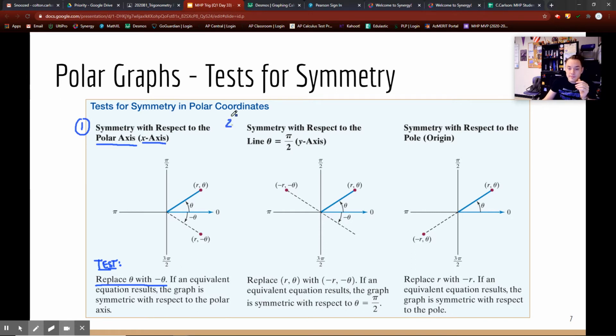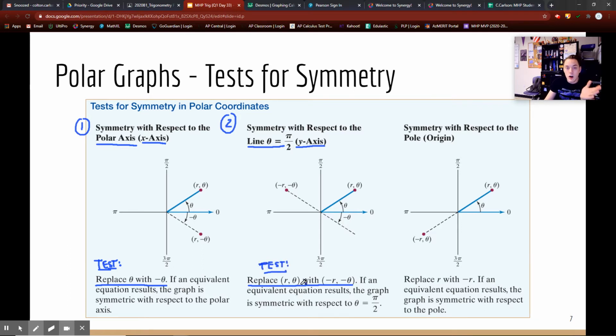The second thing, symmetry with respect to what we call the line. That's also what we call the pi over 2, and then the y-axis. So sometimes I just call it the line, and that's just the pi over 2 or y-axis. So here's the test. I would write that down if I were you.